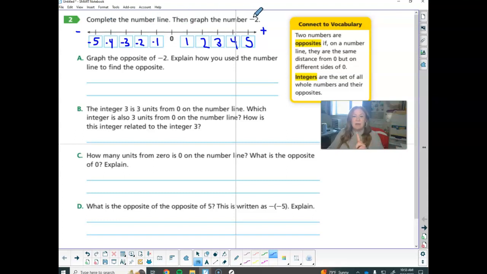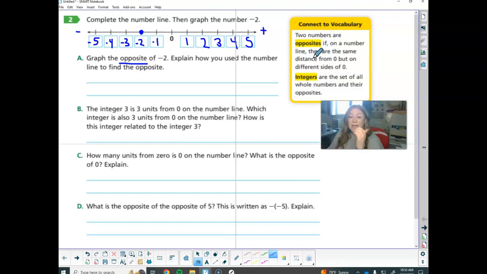Then graph the number negative 2. So we're here at 0. We need to go in the negative direction 2 units. So I'm going to put a dot on negative 2. So we have completed the first task here. Now it wants us to graph the opposite of negative 2. You have this word in your notes, and it's also here in your book.